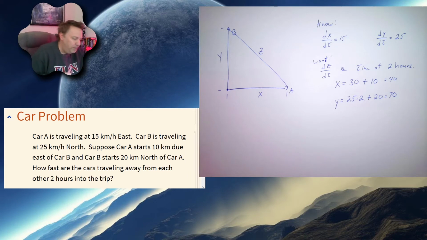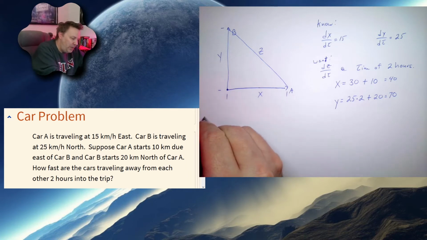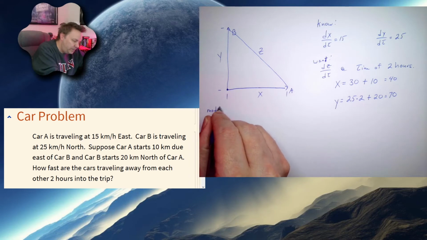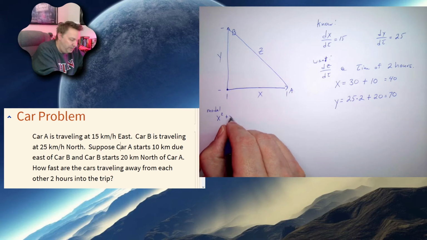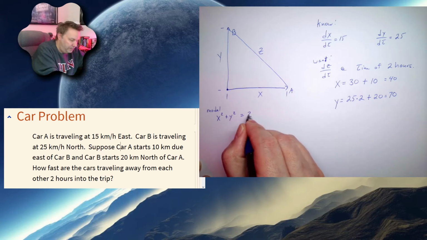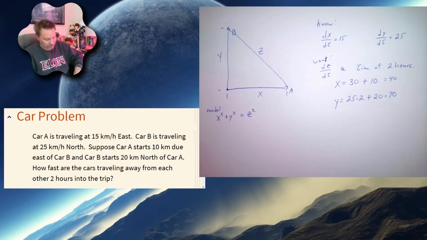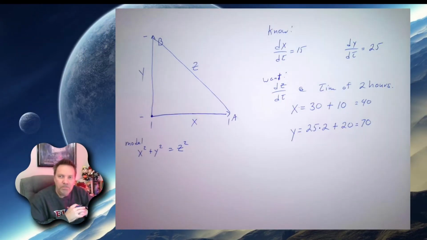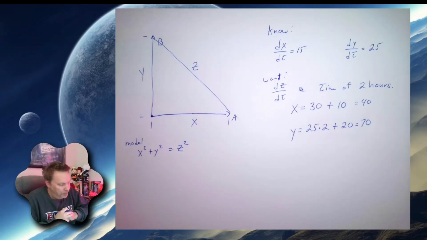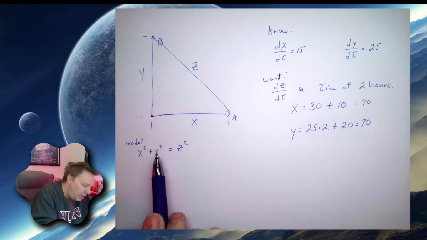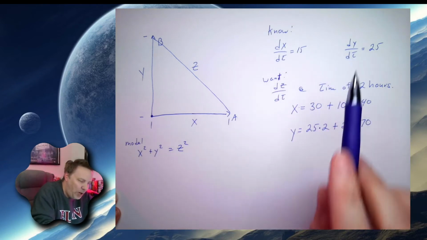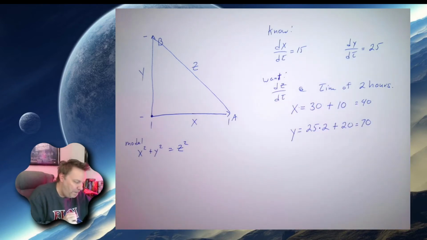So what about my model? How do I relate all these things in here? Well, my model. First thing I always think about is the Pythagorean theorem. And I need to relate dx/dt, dy/dt, and dz/dt together.